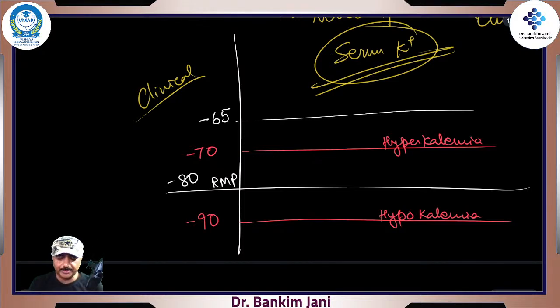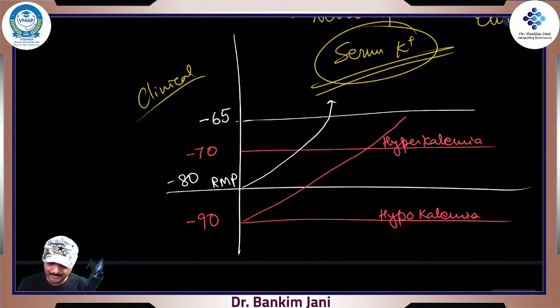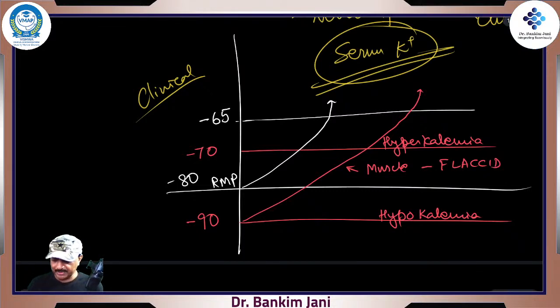From here the firing would start. Previously we said that in hypokalemia, the poor cell has to travel further up, which was leading to more time, and that's why muscles were becoming flaccid, with paralysis, weakness, and all complications.